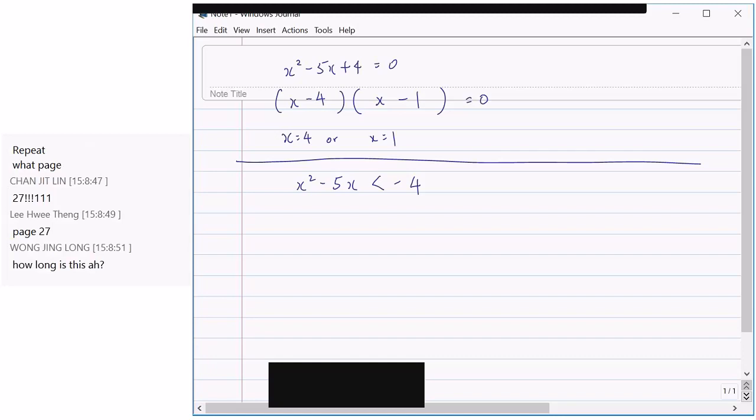Okay, let's continue. What I have here is no longer called the quadratic equation. It's called a quadratic inequality. Alicia, why is this called quadratic inequality?